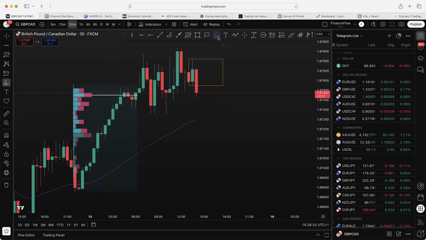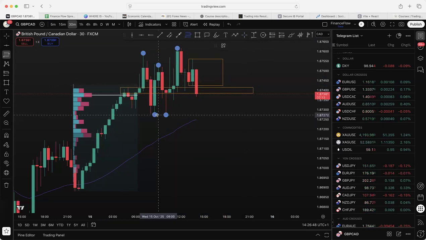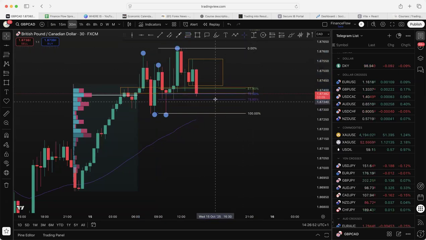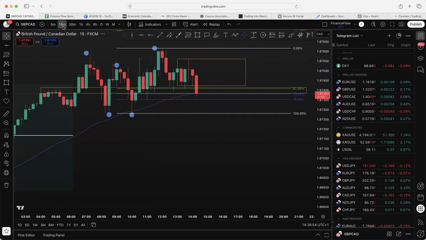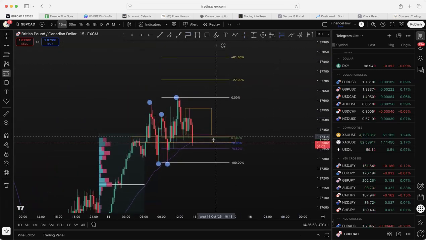If we take this away and you mark that as a high, equal new high, where would we be looking to buy from? Somewhere around here. And then if you wanted, as a bit of an extra confluence, you could put the Fibonacci on. It's not the cleanest, I'm not going to lie, but it does come up around that area. So I think we could look into this as a potential.